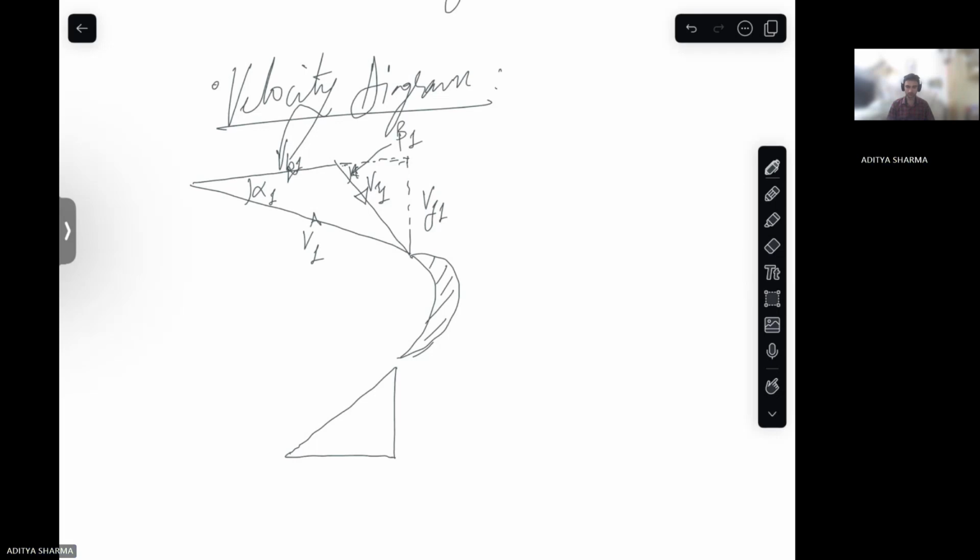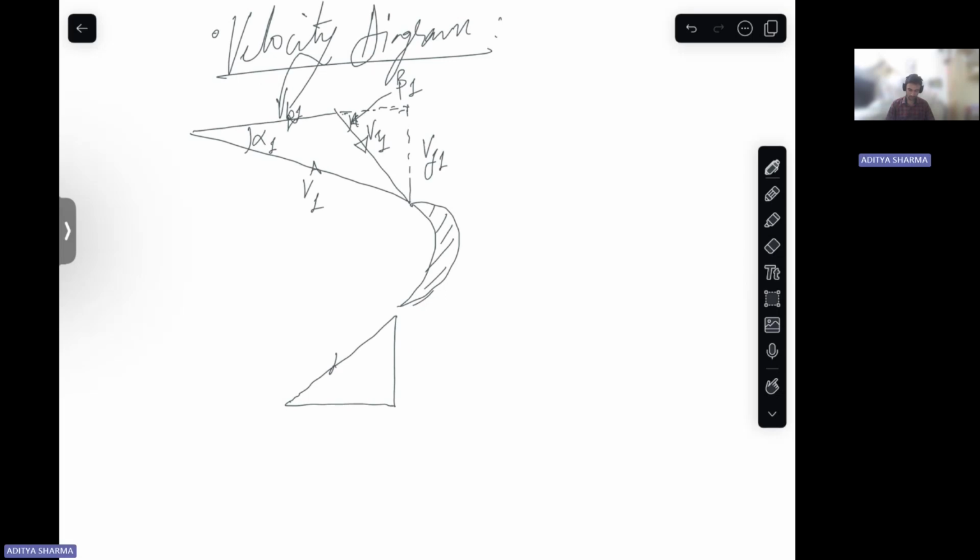This is your VB1. So VF is your flow velocity.